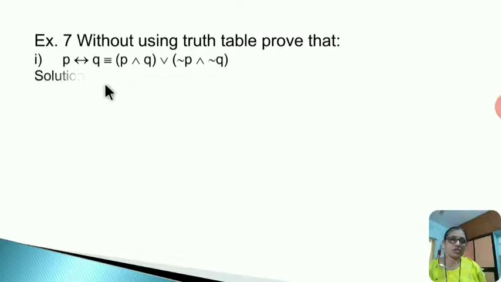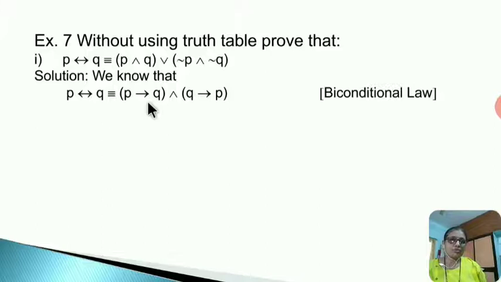So first of all, consider P double implies Q, and it is equivalent to P implies Q and Q implies P. What do we use here? Biconditional law. Here the justification carries marks in board examination, so we must write this justification. Okay.